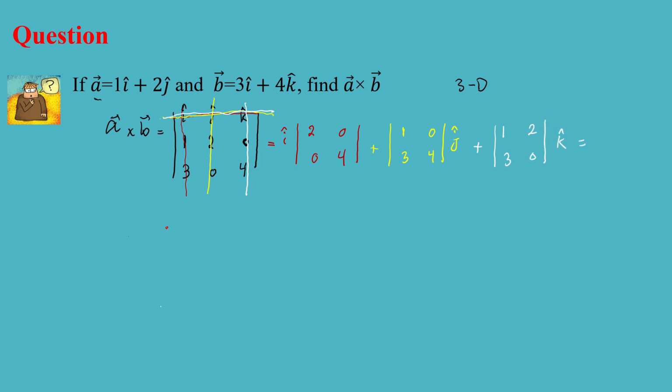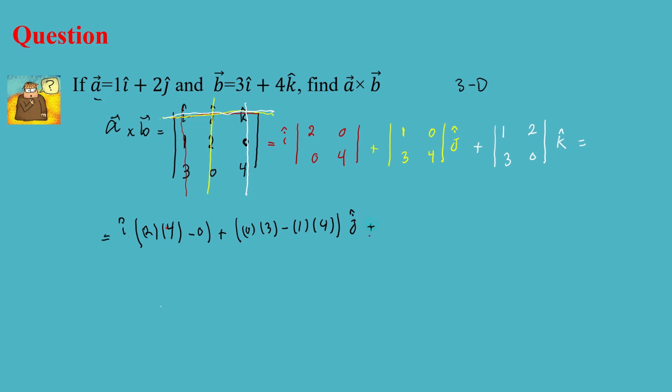At this point, what I need to do is calculate the determinant of each of these matrices. How I'm going to do that is like this: the first one is going to be in I, so it's 2 times 4 minus 0. For the second one, it's going to be 0 times 3 minus 1 times 4 in the J direction.